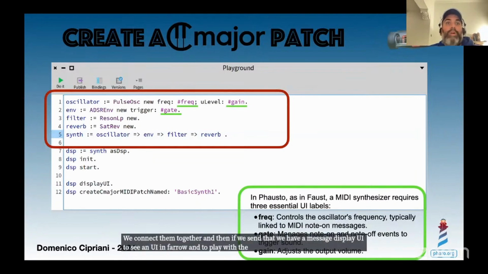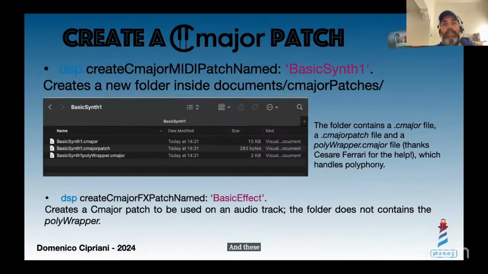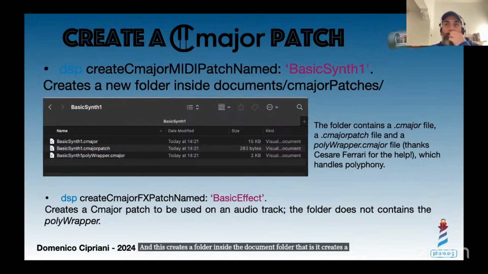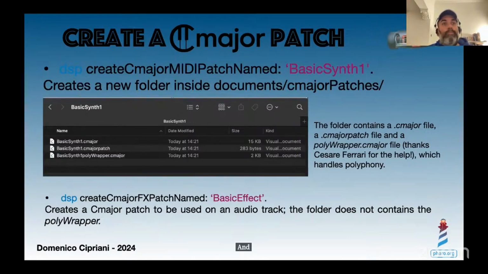But then we have this method called createCmajorMIDIPatchName, and this creates a folder inside the Documents folder. It creates first a Cmajor patches folder if it doesn't exist, and then it creates a folder with the name of the synth and with 3 files. One is the actual C major file, one is the C major patch, and one is the poly wrapper that manages the polyphony of the synth.